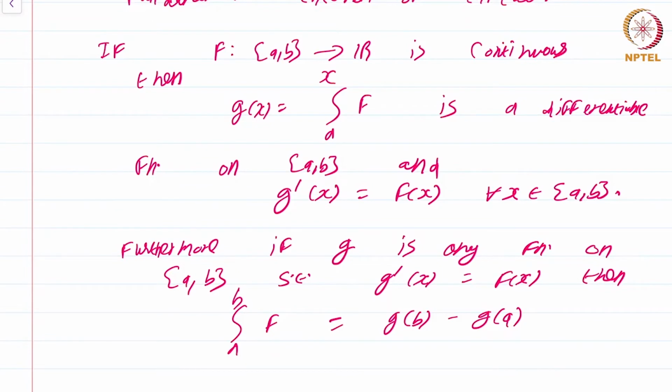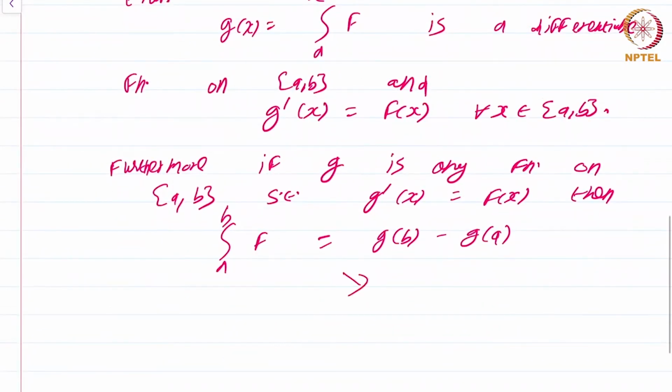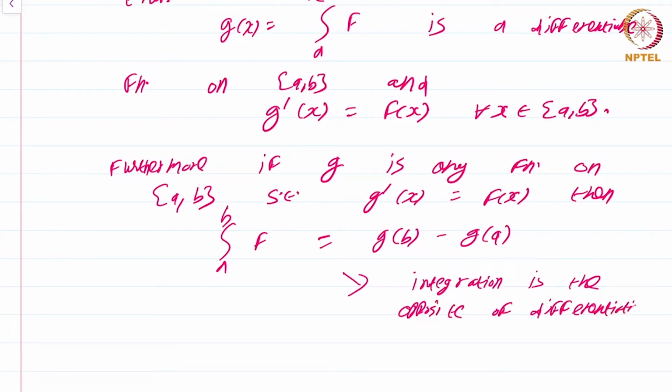Okay, so what this says is integration is the opposite of differentiation. So if you start with a continuous function, take any antiderivative, that is a function g such that g prime of x equals f of x, then integrating f from a to b is reduced to finding the function g and then just substituting the limits to get g of b minus g of a.